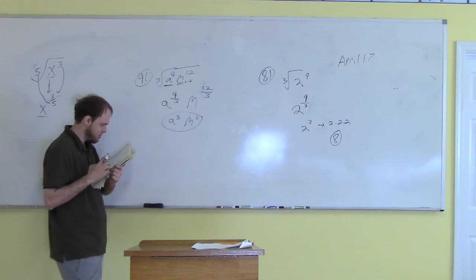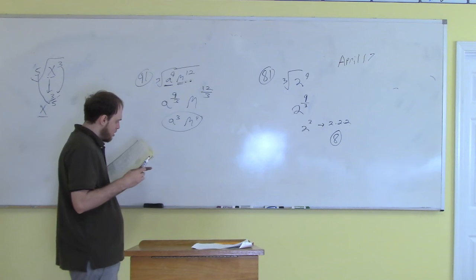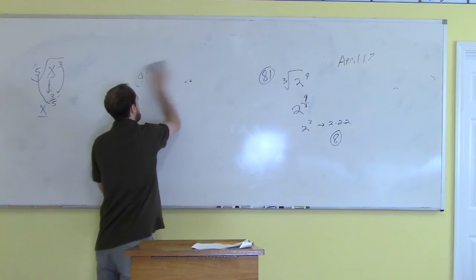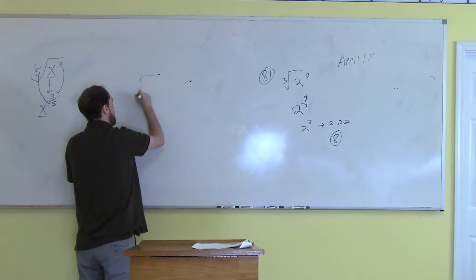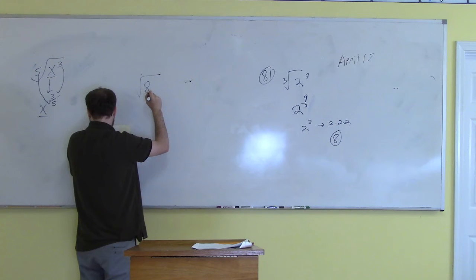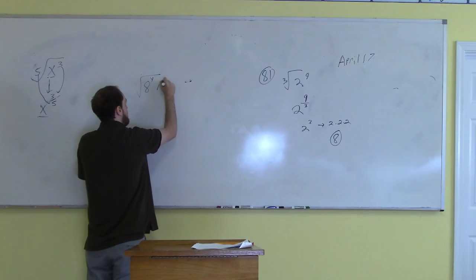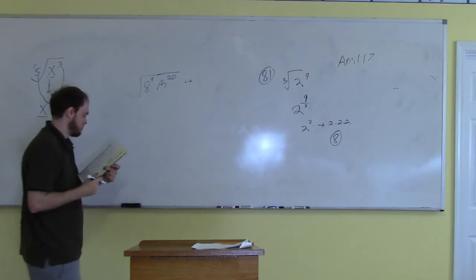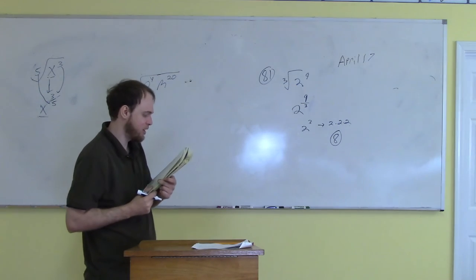Look at number 99. It says the square root of 8 to the 4th, m to the 20th.